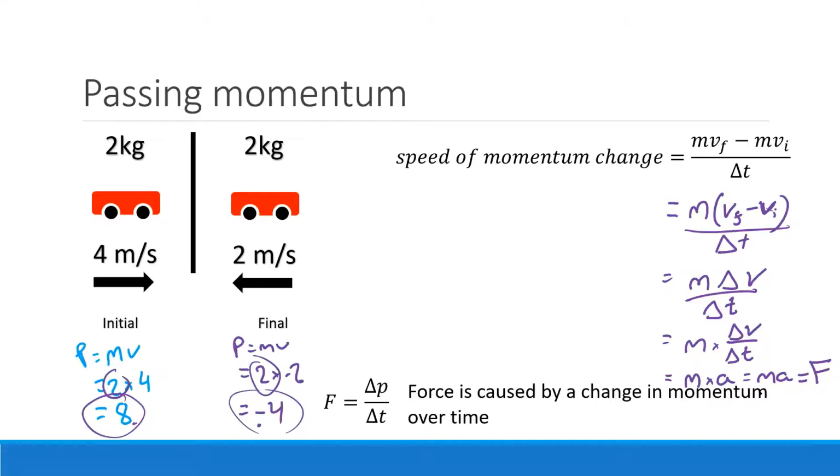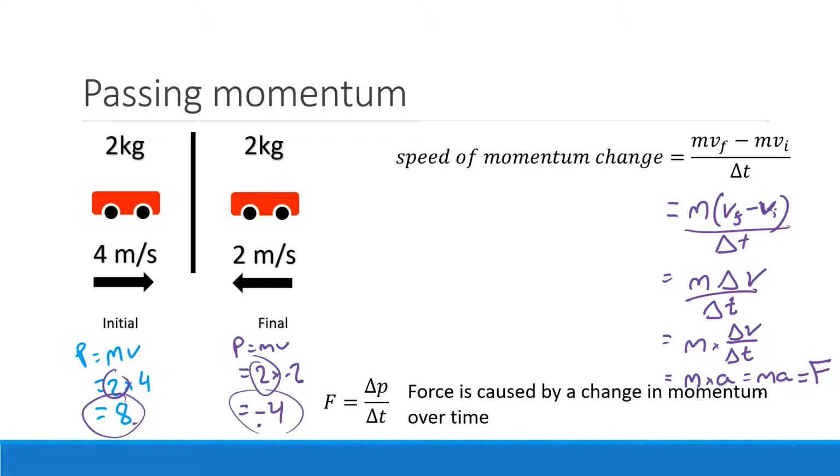That gives us an interesting way to look at Newton's second law. You guys may have been thinking to yourself, hey, momentum is completely separate from Newton's laws and kinematics, but we already know it has to be related to kinematics because we're going to have velocities. And now you can see that it's related to Newton's laws, because a change in momentum is only possible because of a force.